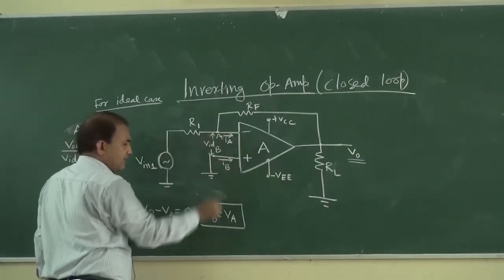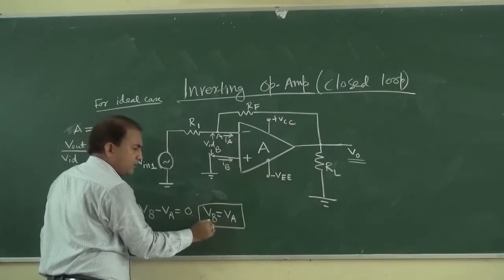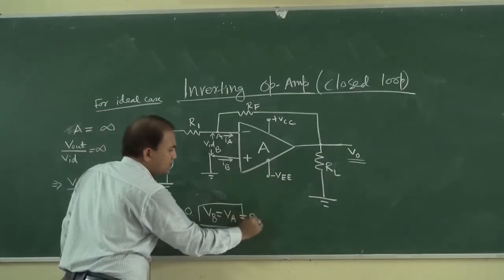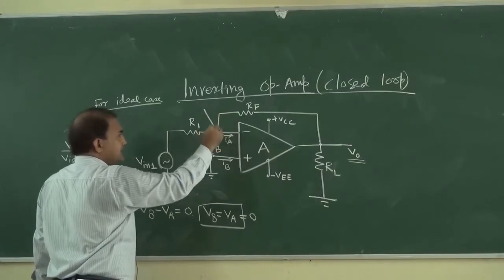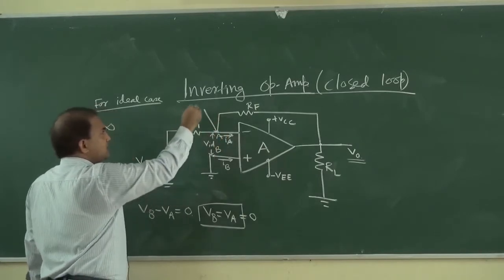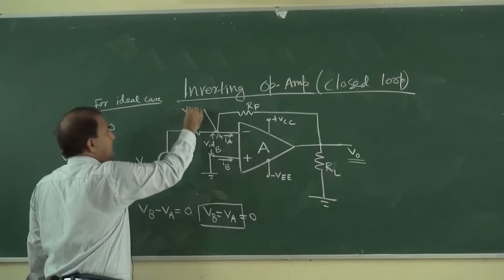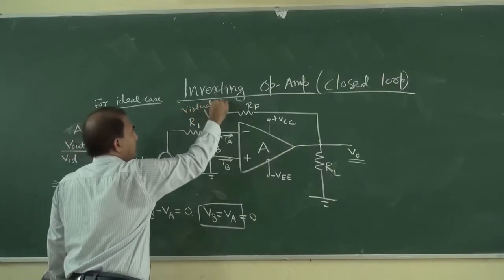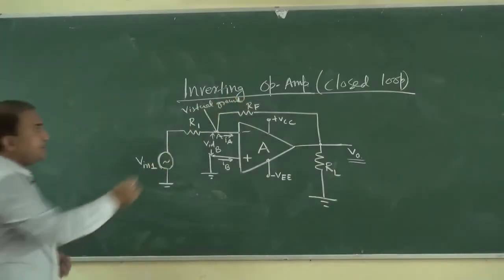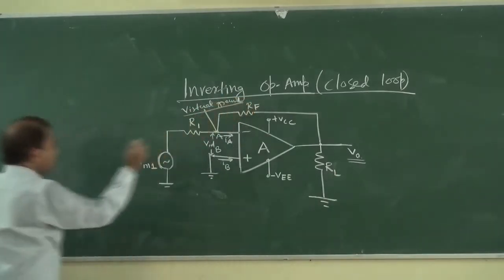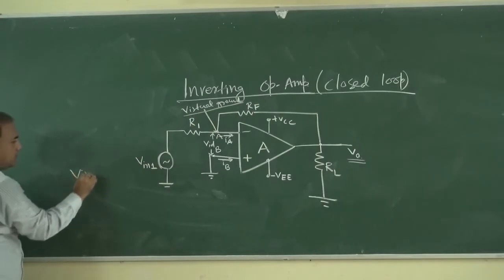So VB is equal to VA and it is equal to 0 volt. So VA is at ground, 0. So it is virtual ground. This is the concept of virtual ground.